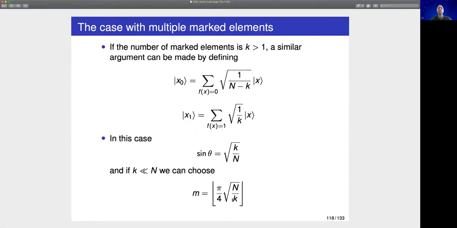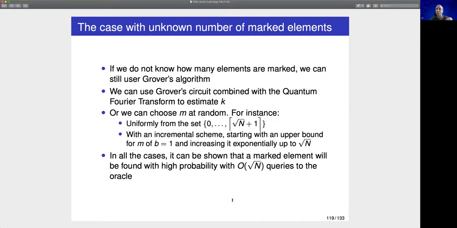What happens if we do not know the number of elements that satisfy the condition? That is the most general situation. We are looking for an element that satisfies the condition, but we don't know how many of them there are in our list. Okay, in that case, we are also covered. We need to slightly modify the algorithm, but we still can obtain this quadratic speedup.